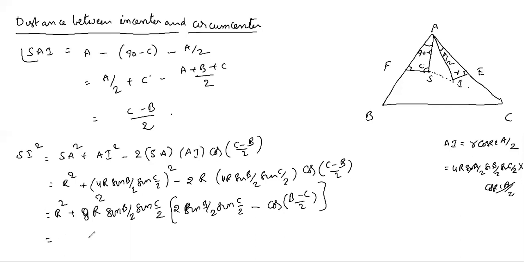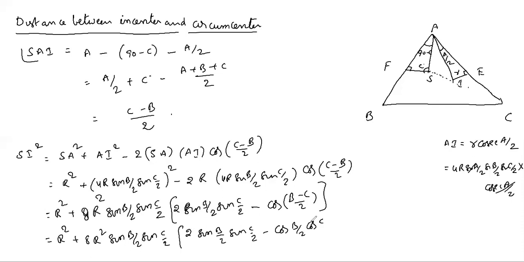So R square plus 8R square sine B by 2 sine C by 2 times 2 sine B by 2 sine C by 2, minus cos of B minus C by 2, which is cos B by 2 cos C by 2 plus sine B by 2 sine C by 2.